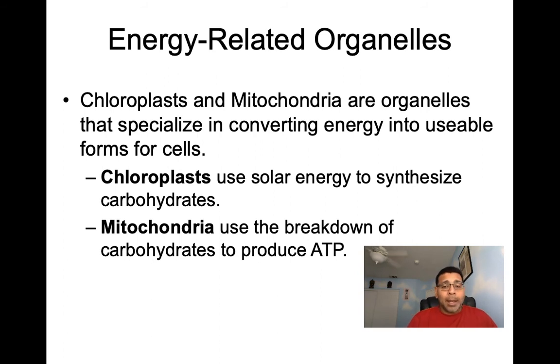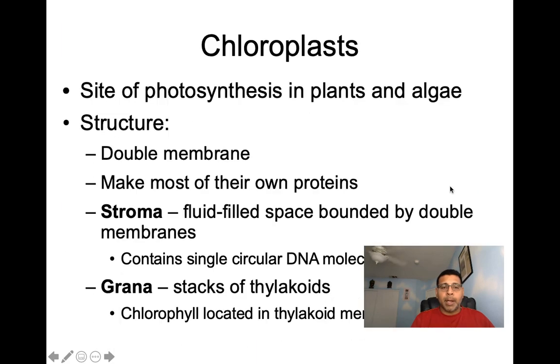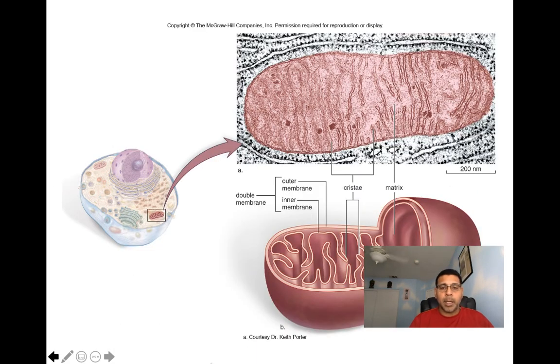Now, when we look at the structure of a mitochondria, you can see it here in greater detail. So here you can see you have an outer membrane, and then you have an inner membrane. The inner membrane actually goes all the way to the center of the mitochondria, and then comes back down, and then goes back inside and comes back down, goes back inside towards the center, comes back out to the side.